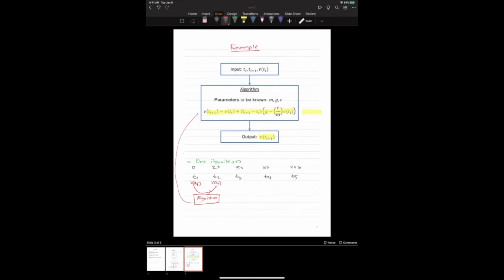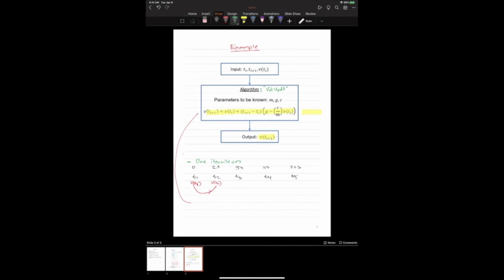Now, let me write this a little bit more clearly. I'm going to name this algorithm, because algorithm is a general term. If you look at the lecture notes, I gave a name. So let's put a name to this algorithm. The name of the algorithm is VELUPDT, short for velocity update.